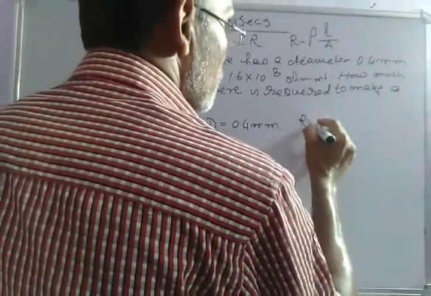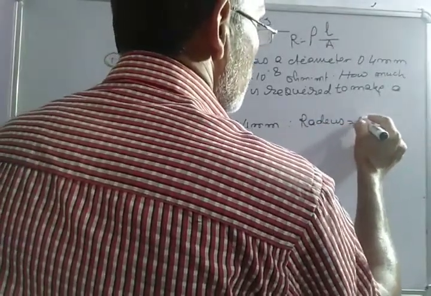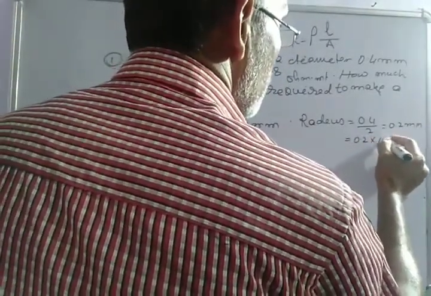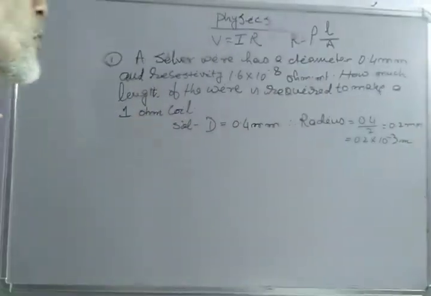Therefore radius is equal to 0.4 by 2, that is equal to 0.2 millimeter, that is equal to 0.2 into 10 to the power minus 3 meter, because this one is given in ohm meter.